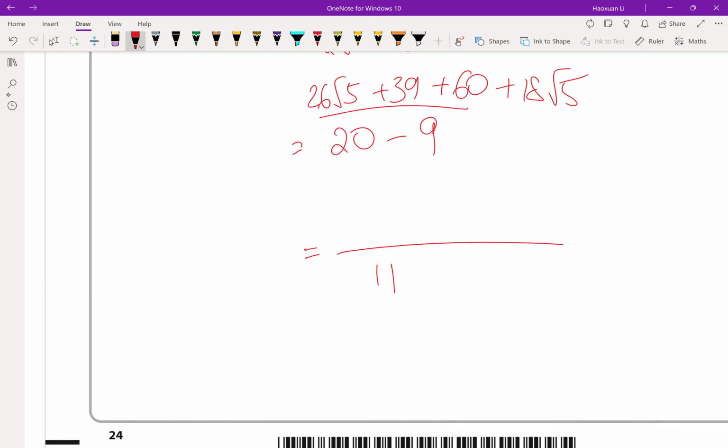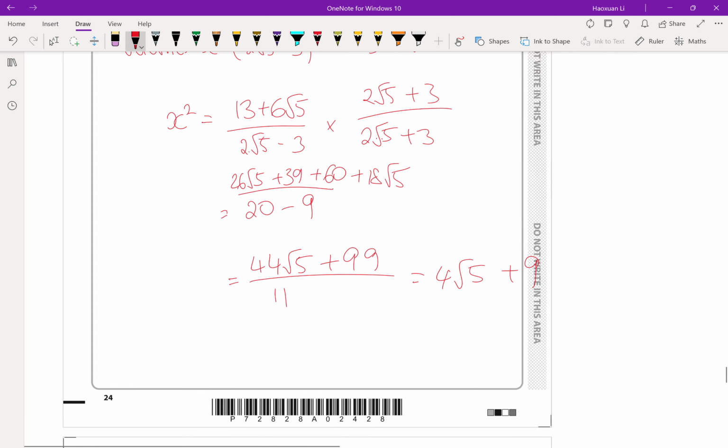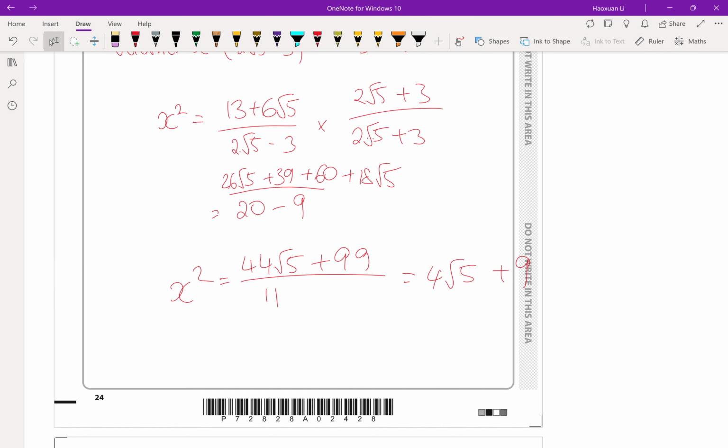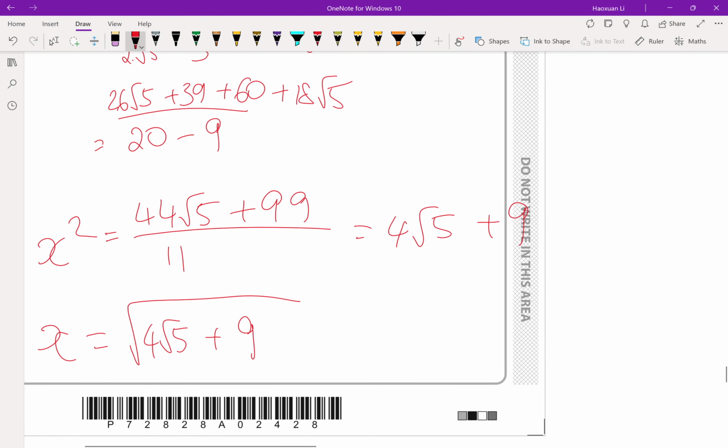And this will be equal to 44 square root of 5 plus 99, which is 4 square root of 5 plus 9. And now bear in mind that they just need the value of x. So therefore we're meant to square root this. Square root of 4 square root of 5 plus 9.